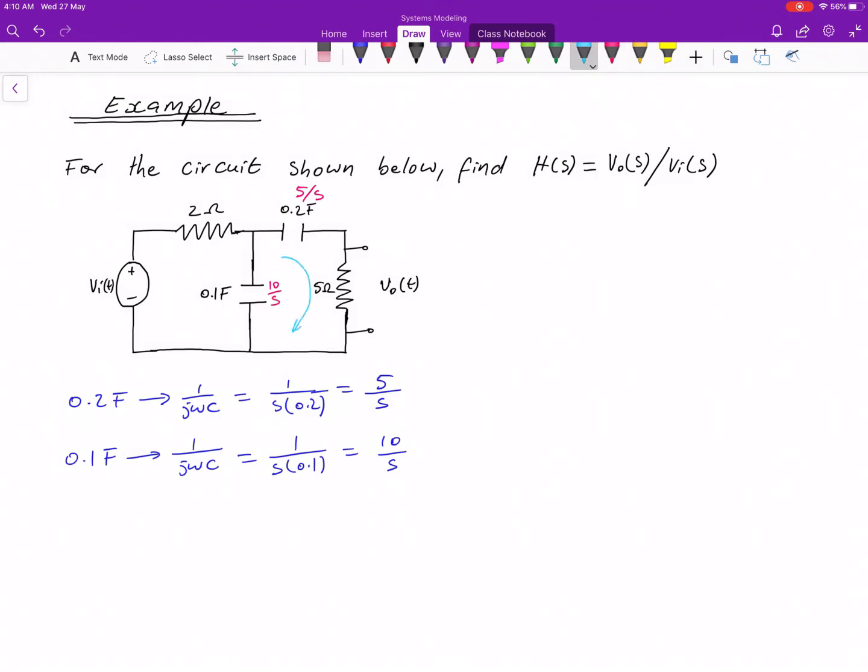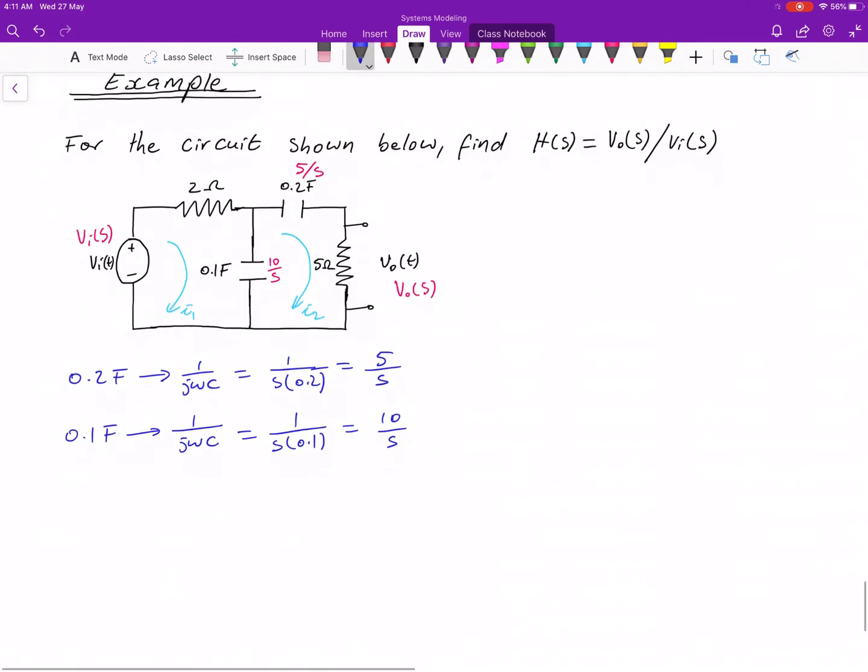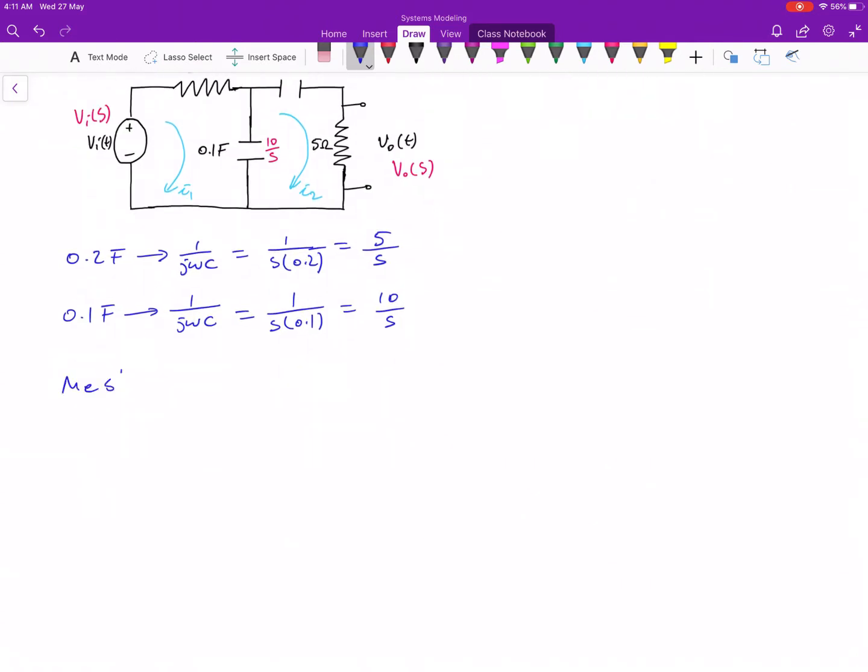We have I2 here and I1 here. Since I'm writing this in terms of the Laplace equivalent, here we are going to have Vis, and here we have V naught of s. The resistors I can leave for now. So let's solve this using mesh analysis.